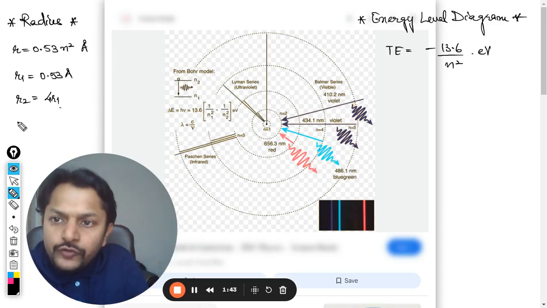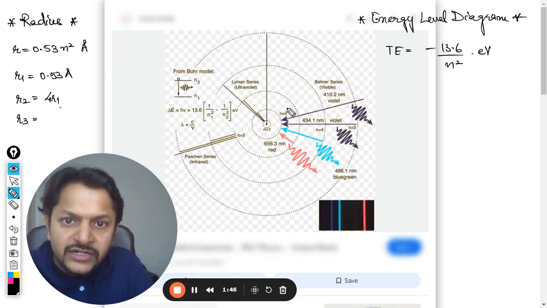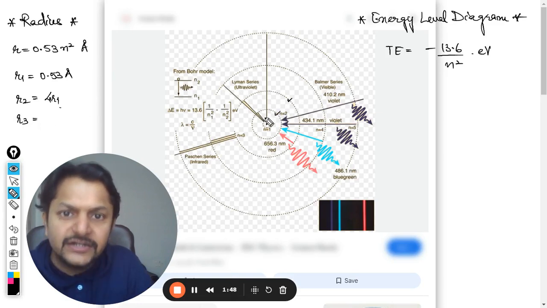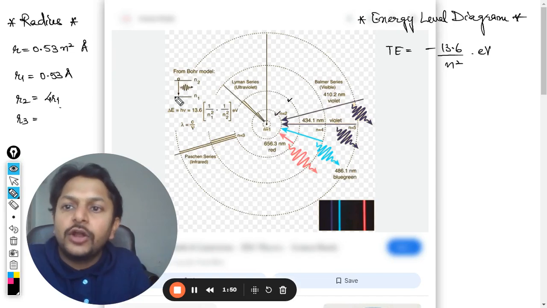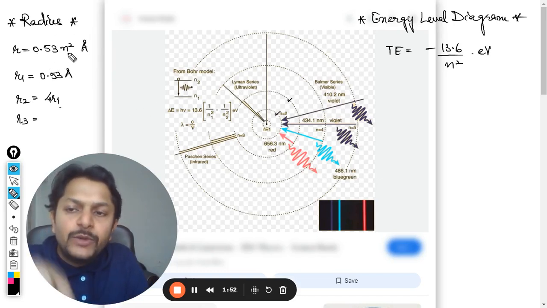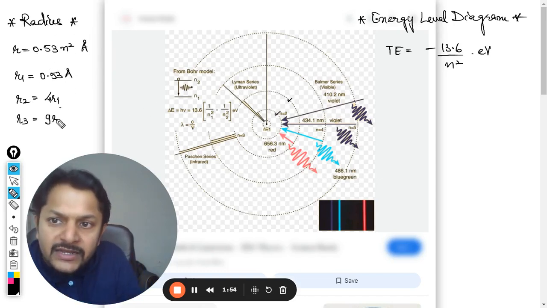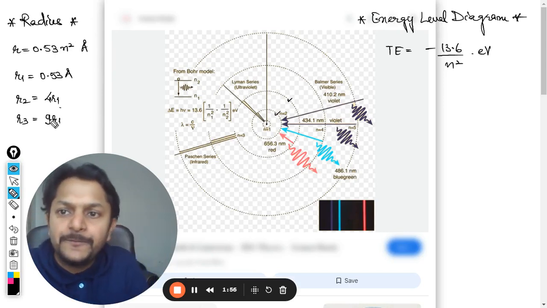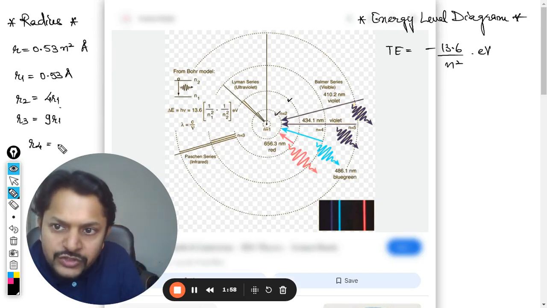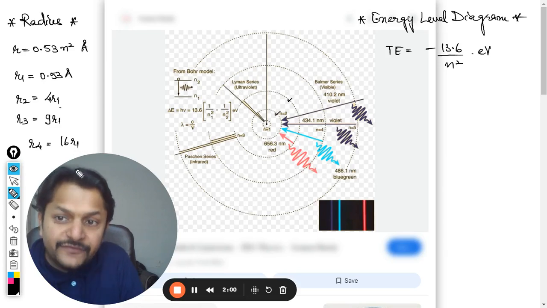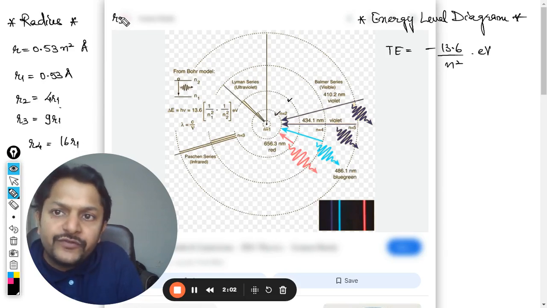Now, I want to find the radius of the third orbit. This is second, this is third. I plug in the value as 3, and it becomes 9 times the first radius. What about the fourth orbit? 16 times the first radius. And the fifth orbit? It will become 25 times the first radius.